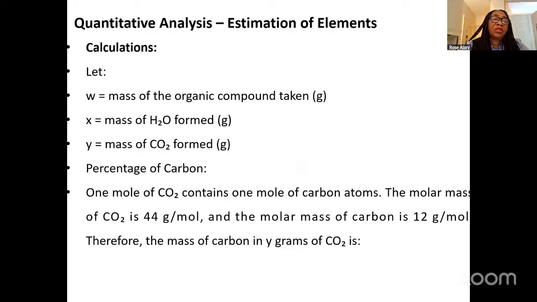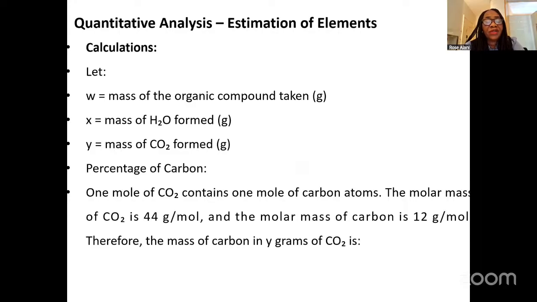Then the next thing is to carry out your calculation. Let the mass of the organic compound be W, the mass of water formed be X, and the mass of carbon dioxide formed be Y. You also know that 1 mole of carbon dioxide contains 1 mole of carbon atom.